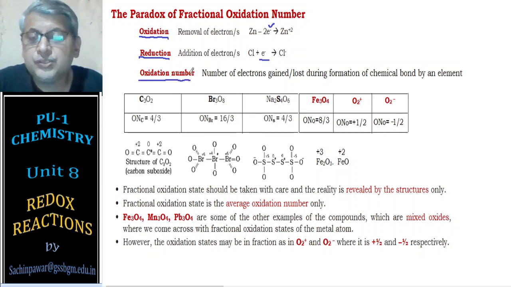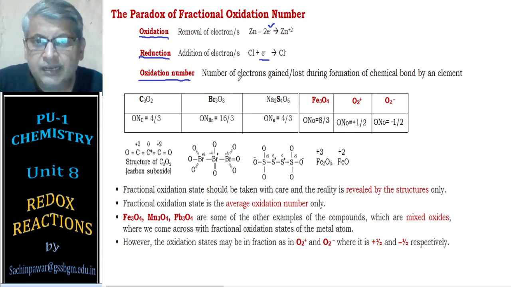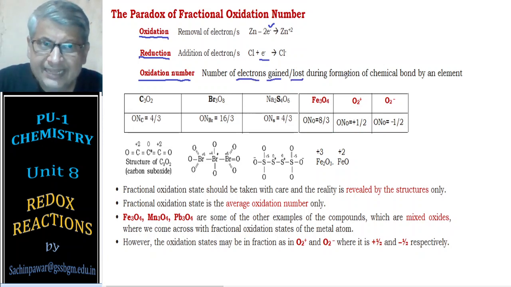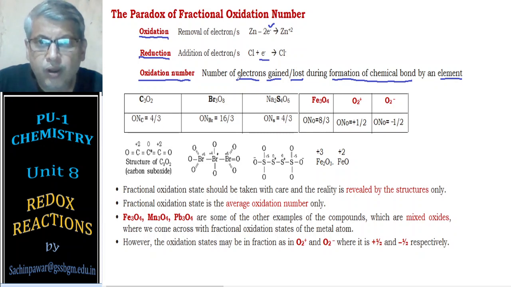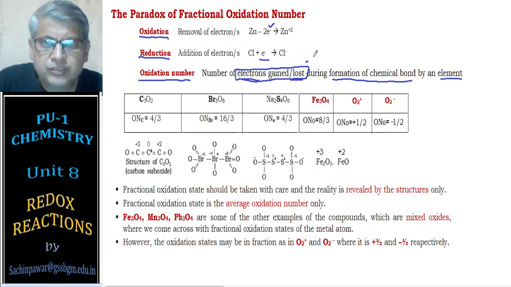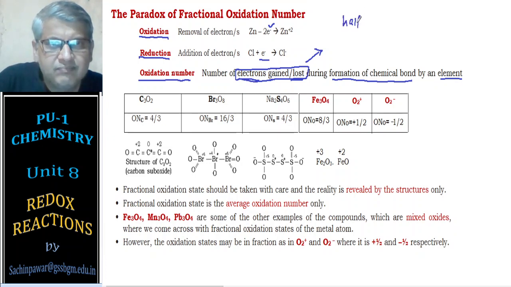What we have understood by oxidation number is the number of electrons gained or lost by the element in the formation of a chemical bond. Number of electrons lost or gained.